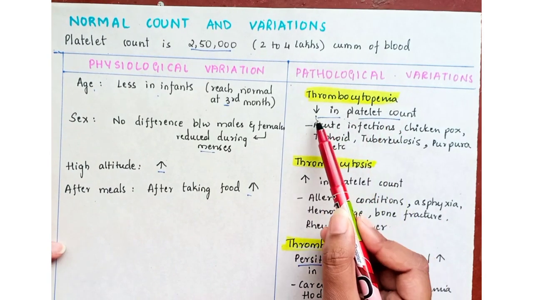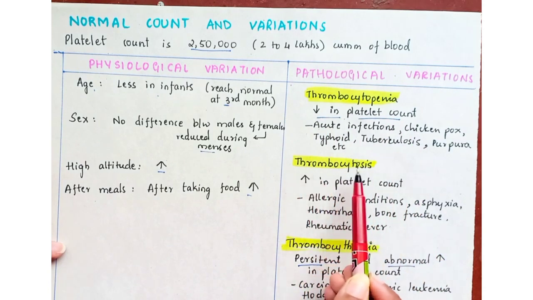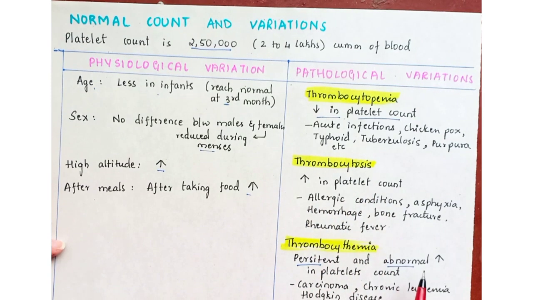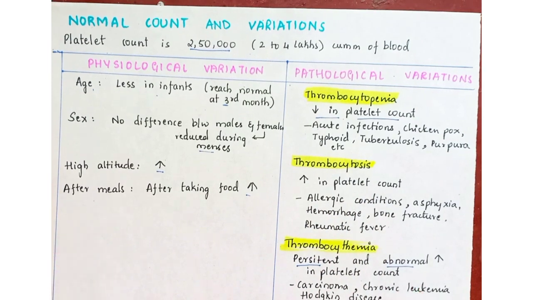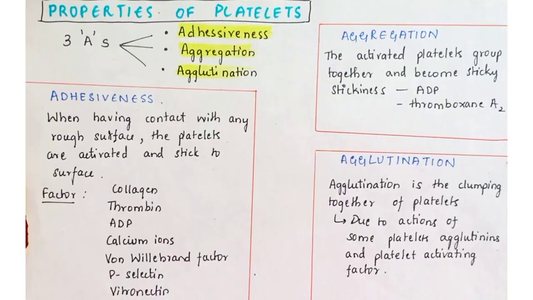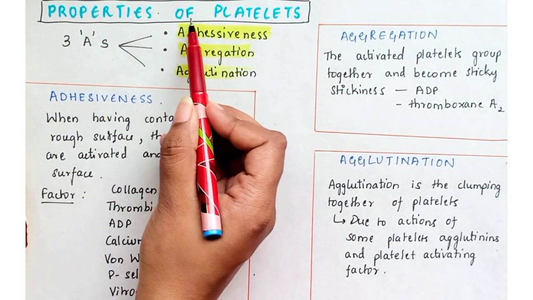So the three are: thrombocytopenia is decreased platelet count, thrombocytosis is increased platelet count, and thrombocythemia is persistent and abnormal increase in platelet count.